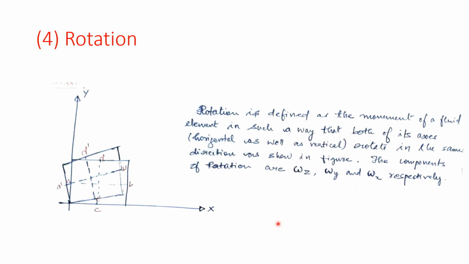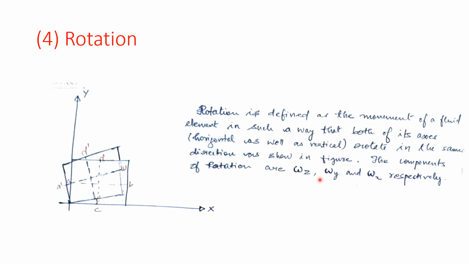Now rotation of a fluid element. Rotation is defined as the movement of a fluid element in such a way that both of its axes, horizontal as well as vertical, rotate in the same direction as shown in the figure.